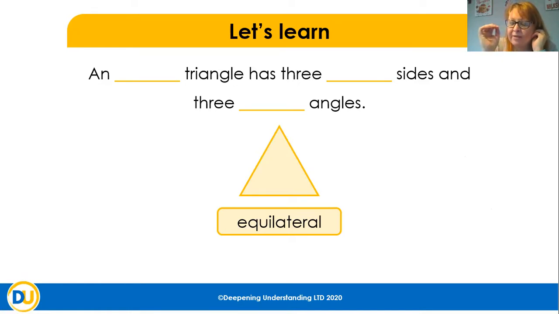So if it's going to be an equilateral triangle, it needs those equal properties to it. I say it, equilateral. Can we all say it together? Equilateral. 3 equal sides, 3 equal angles.